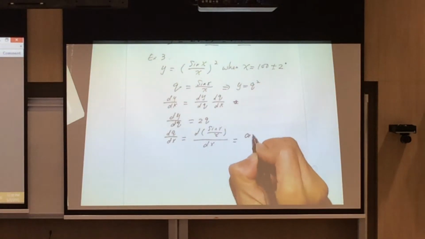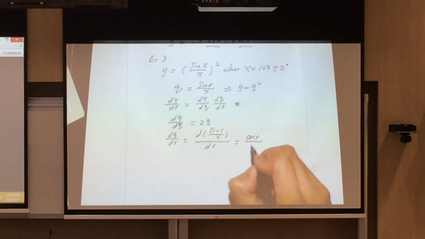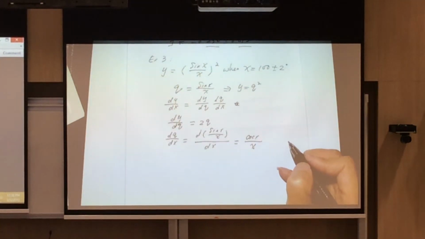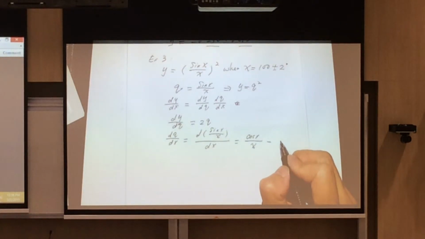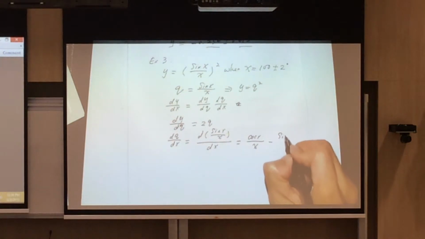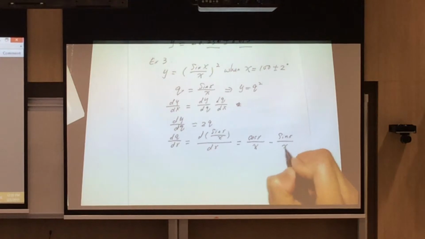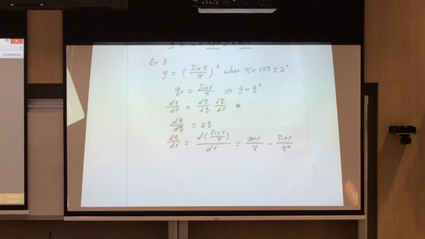You differentiate sine x first, so this is the first one, and then you differentiate 1 over x. 1 over x will give minus 1 over x squared, so it will be sine x over x squared. This is the differentiation by parts.